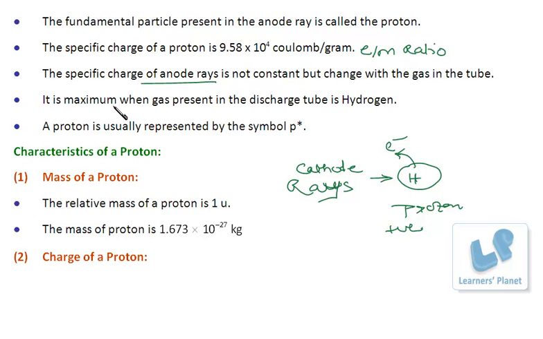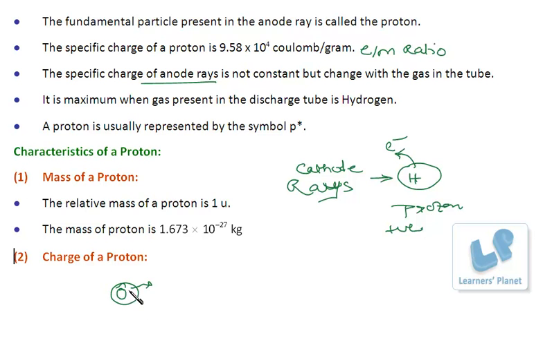The nature of anode rays depends on the gas enclosed in the discharge tube. Why so? Because it is produced by the atoms of the gas. How? The cathode rays, the electrons, knock out the electron from the gaseous atom.